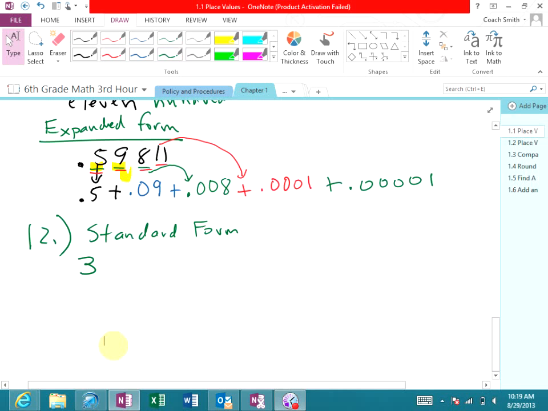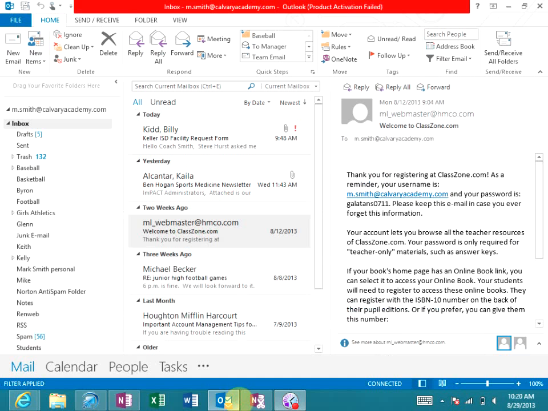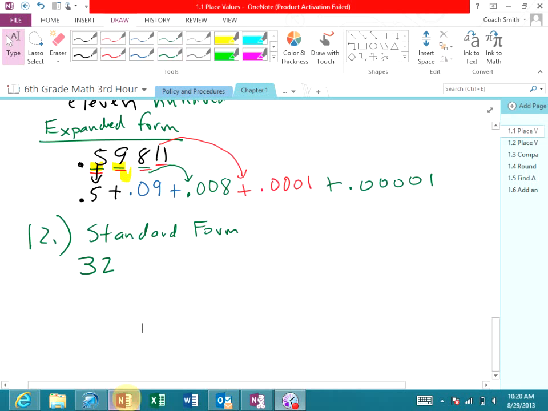What's the next number? 20 billion. So I'm going to put a 2. What's the next number? 50 million. Okay, so I'm at 50 million. So I have to put a 0 there, a 0 there, and a 5 there.